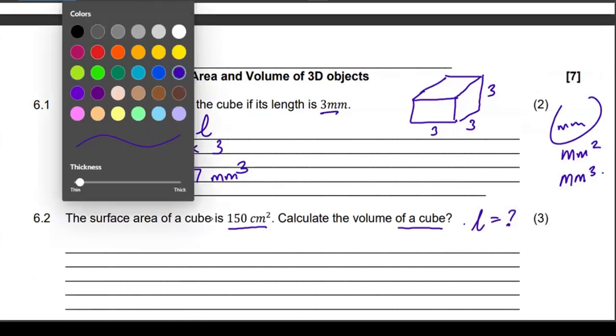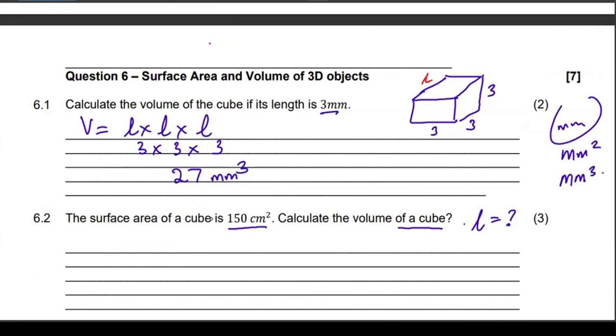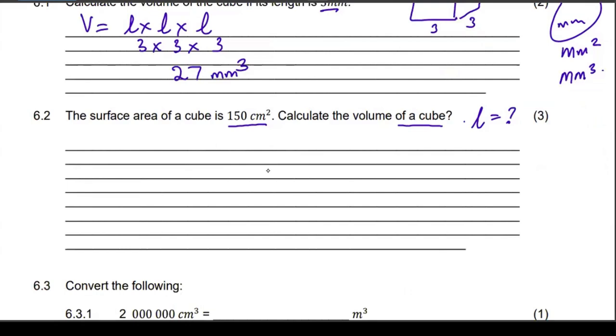Okay, but now if I say this is L, this is also L. So the area of one face is going to be L times L, which is L squared. Now, if I'm talking about surface area, I'm adding up the areas of all the faces, meaning that the surface area is given as 6 times L squared.